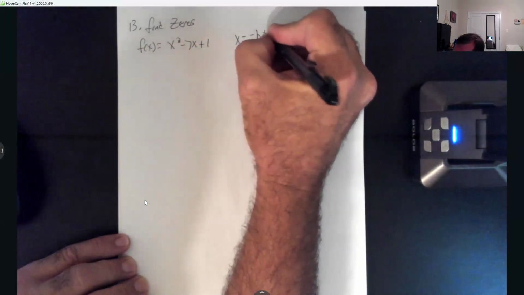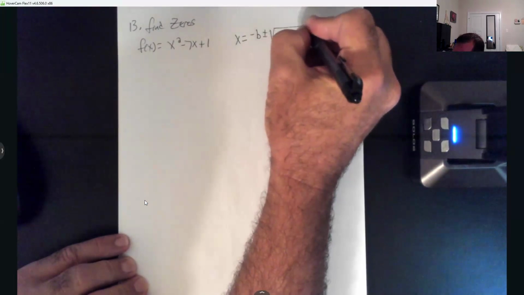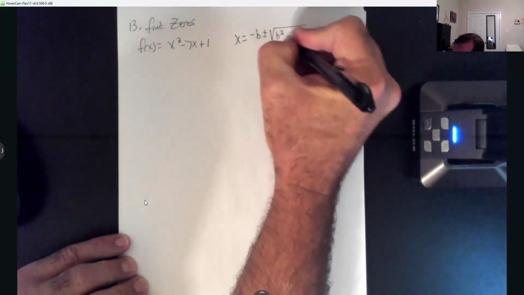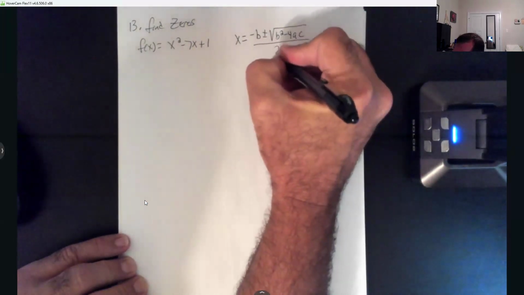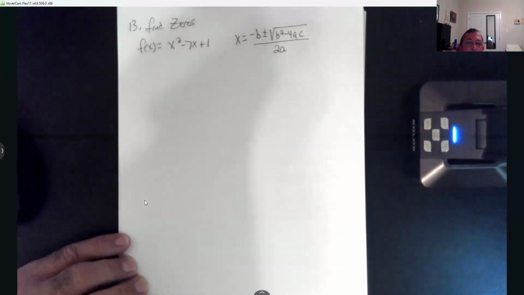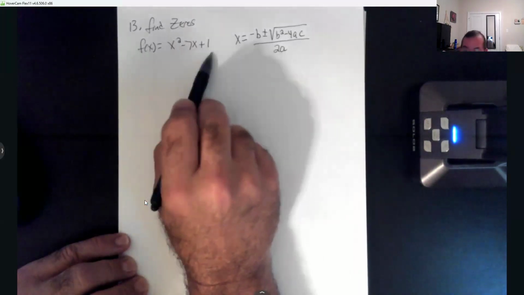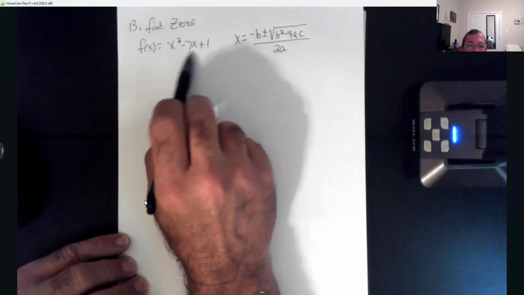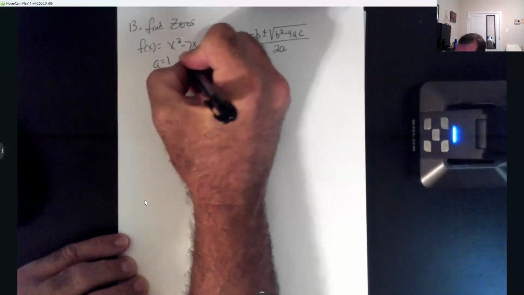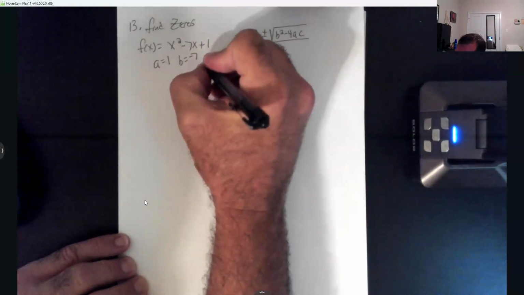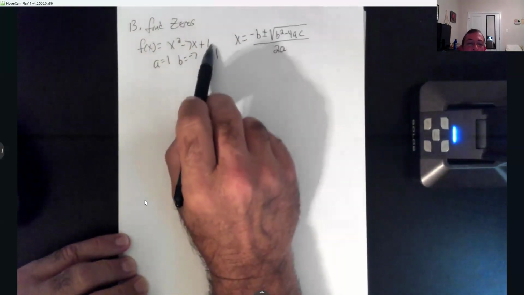Negative b plus or minus square root b squared minus 4ac all over 2a. A, B, and C are coming from your quadratic here. A is 1, B will be negative 7, and C will be 1.